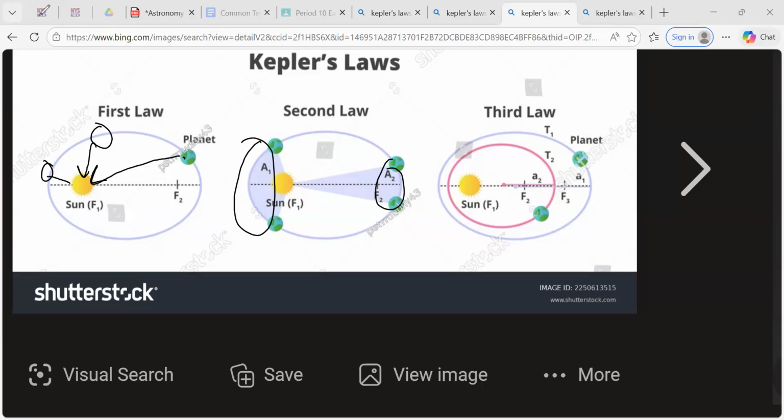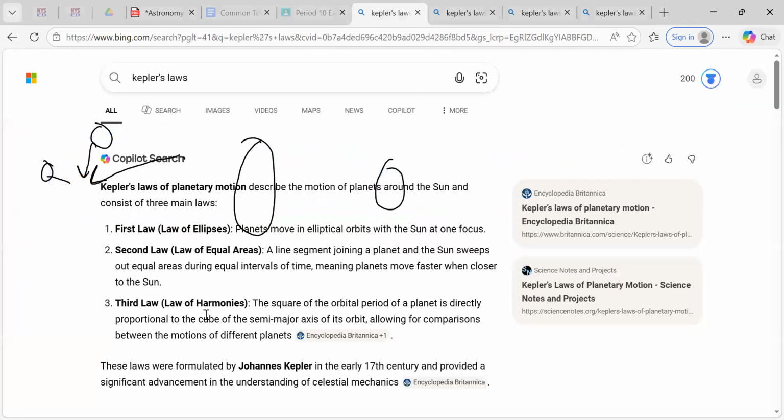All right. And then the last Kepler's law is the law of harmonies, which says the square of the orbital period of a planet is directly proportional to the cube of the semi-major axis of its orbit, allowing for comparison between the motions of different planets.